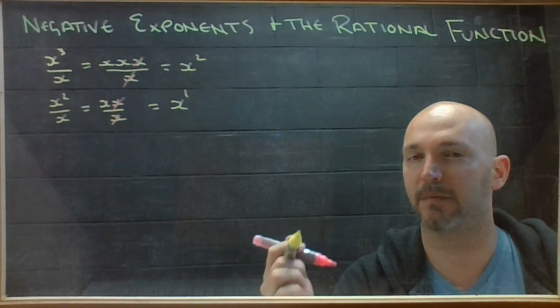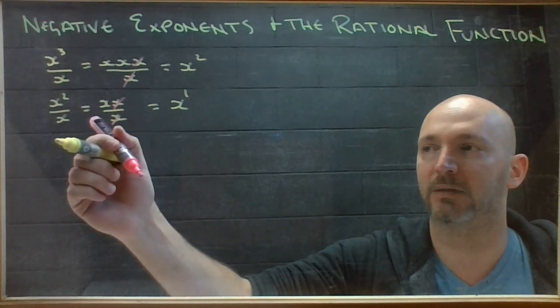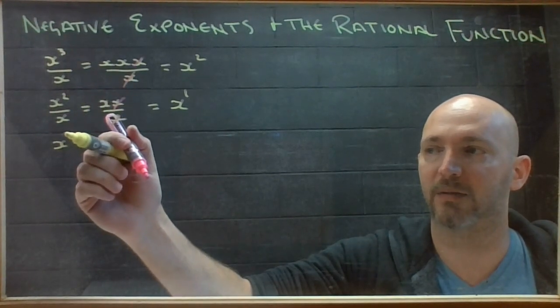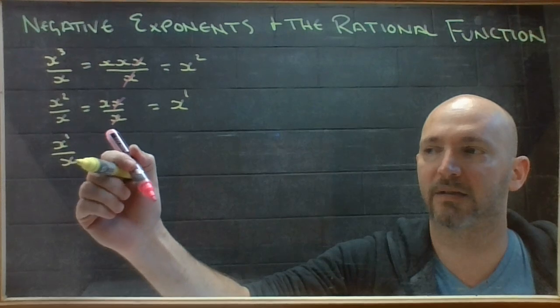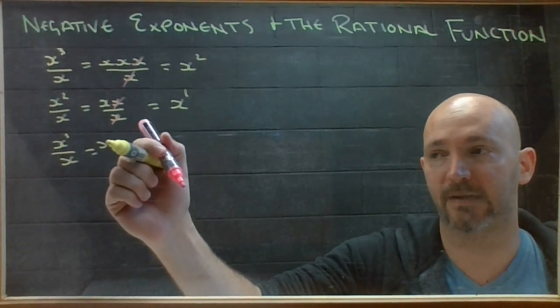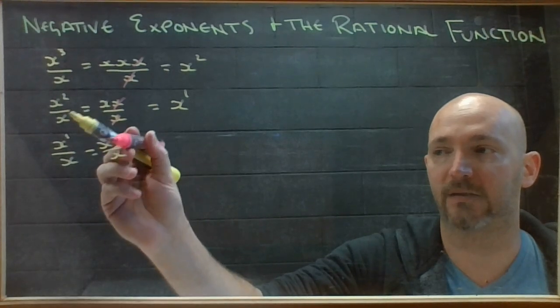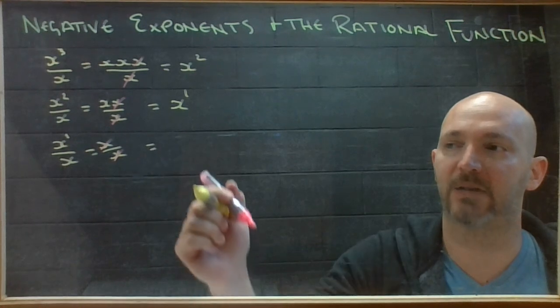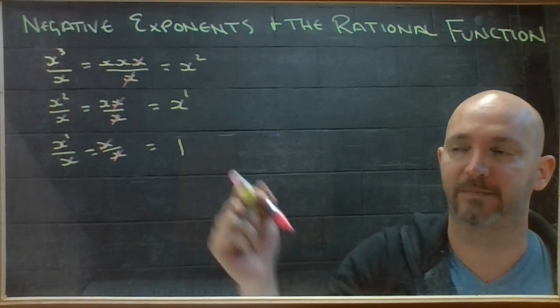I'm going to keep this pattern going. Instead of x cubed, x squared, I'm going to put x to the 1 over x. Well, that's just an x over an x, and those two things divide each other out, and anything divided by itself gives you 1.